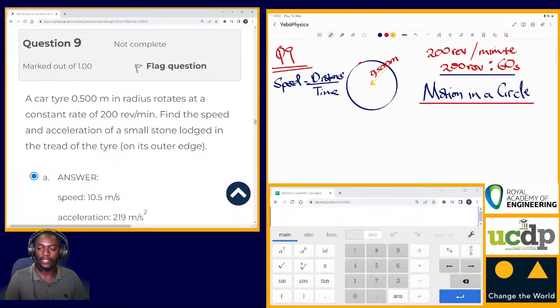That means we should by now be familiar with the distance traveled in one revolution. So what is the distance traveled in one revolution? If you are following, please send in a chat. What is the distance completed in one revolution?